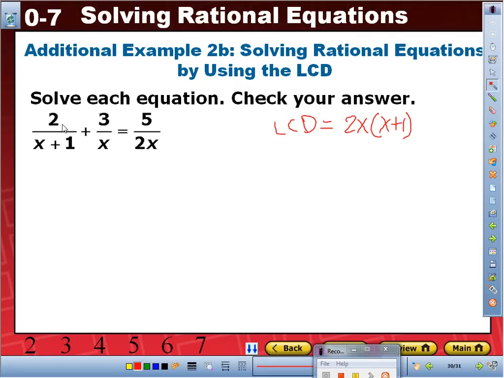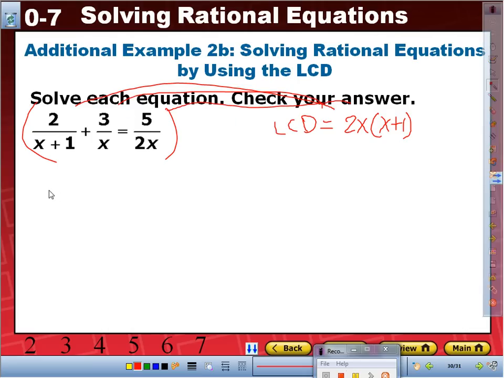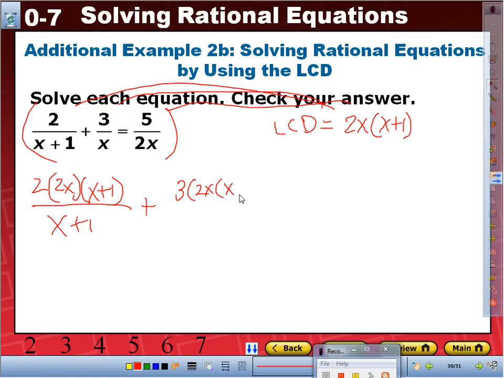So check this out. I'm going to multiply everything times the LCD. What do we have in the numerator here? 2 times what? 2x times x plus 1 over, what stays the same? X plus 1 plus, what goes here? 3 times 2x times x plus 1 over what?